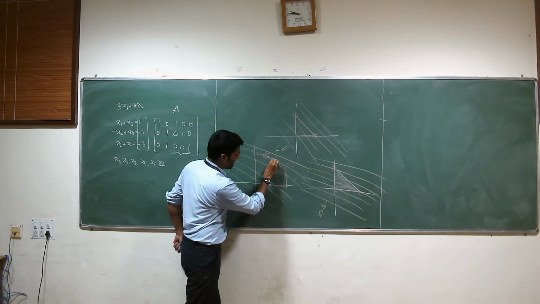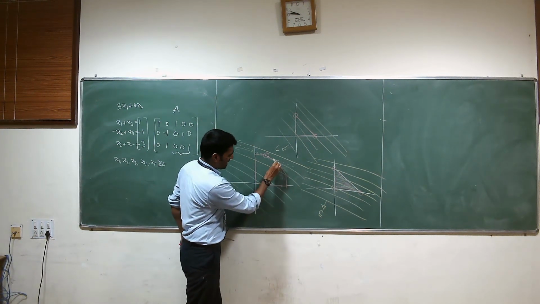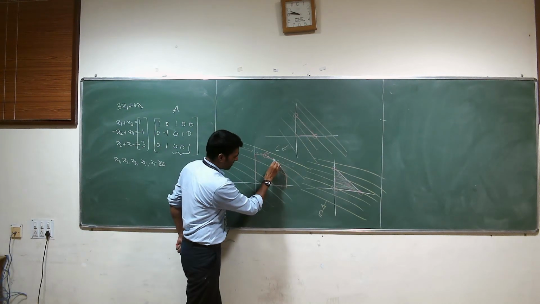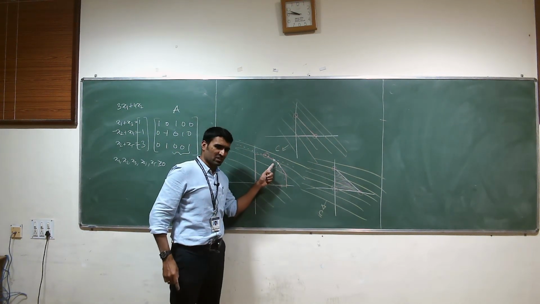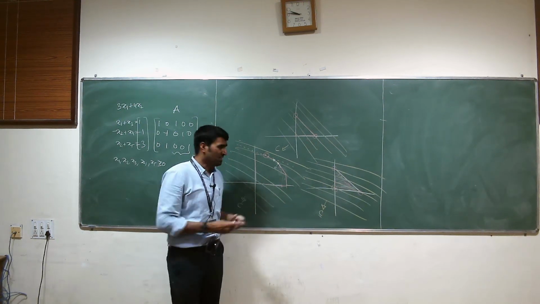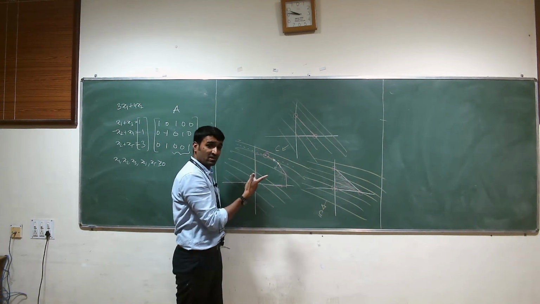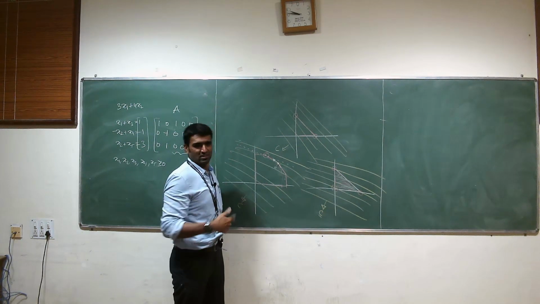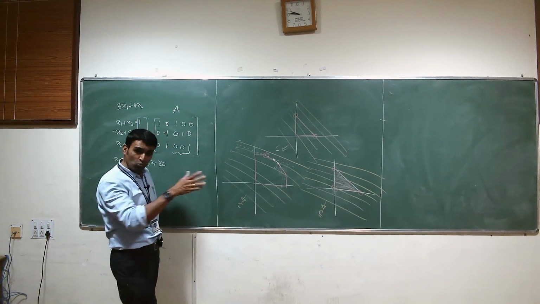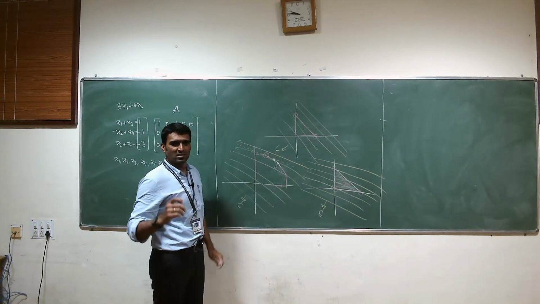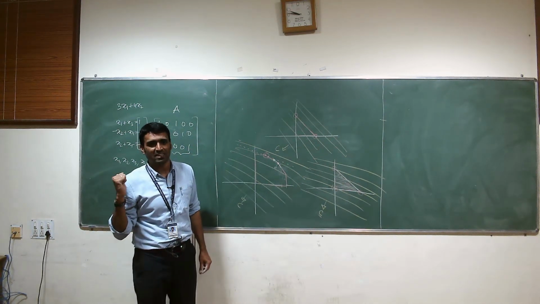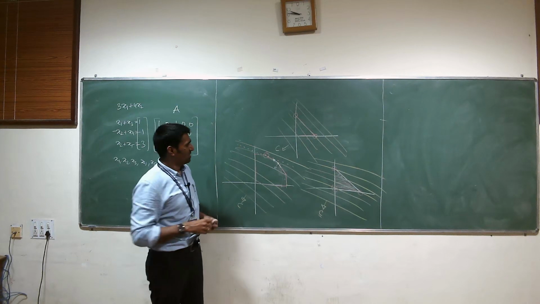If you move in this direction, and your gradient here is like this, the angle between the two of them is greater than 90 degrees. That means your inner product will be negative, which basically means there are directions in which you can move such that you're moving in the opposite direction of the gradient. That means you're reducing the function.